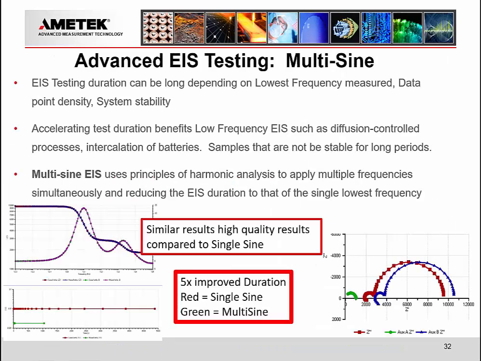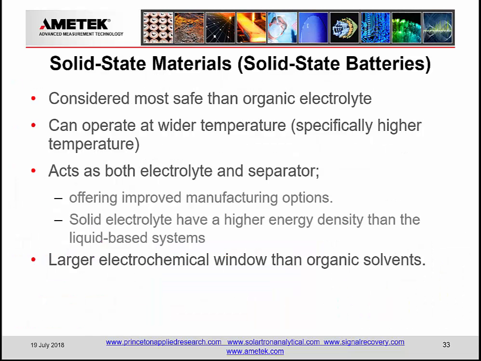We talked briefly about multi-sine impedance because it can take data faster. This shows a 5x reduction in experiment duration when using multi-sine EIS versus single-sine EIS. This is important because a lot of the diffusion controlled processes, like intercalation in batteries, happen at lower frequency, so we want to get that data as quickly as possible.